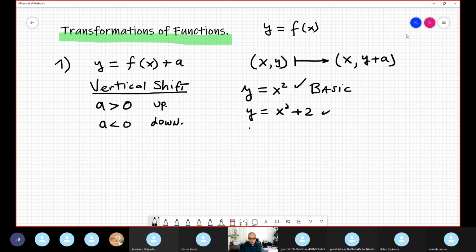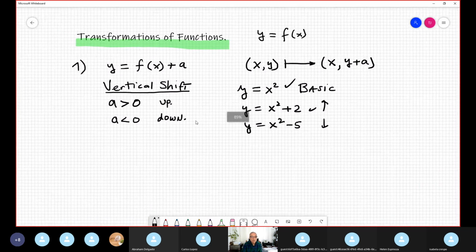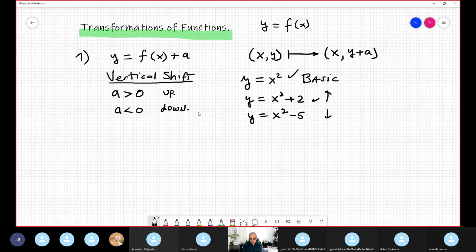If it is negative, suppose minus 5, in this case up, in this case down. That idea is clear? Everyone follow me? Yes. Okay, this is straightforward, super easy.